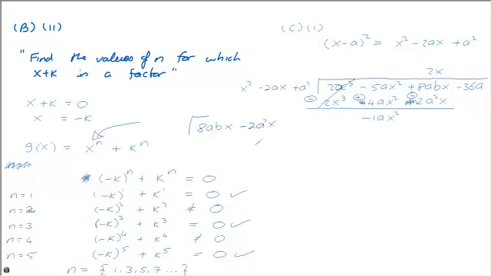All you're really doing is factorizing out the x, and that's what's going to go back in. And the 36a drops down. And then you'll begin the process again.